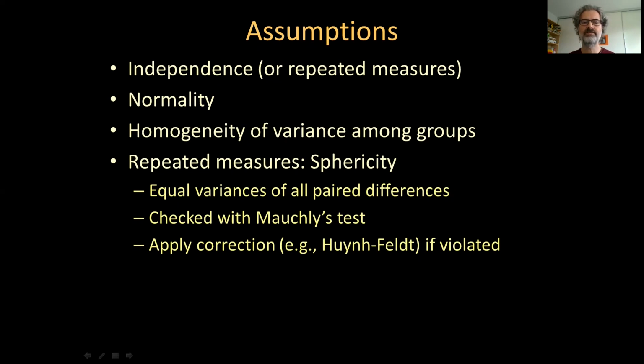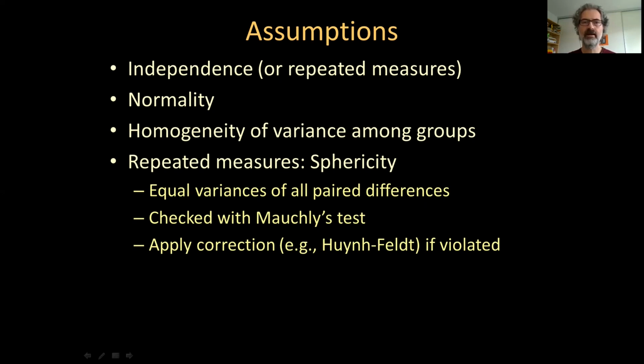The assumption of sphericity is conceptually the same as homogeneity of variance, except that sphericity doesn't concern equality across groups or across levels, but concerns the variance of differences between levels.